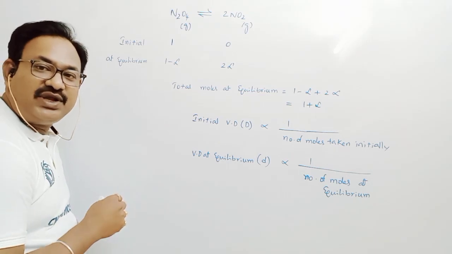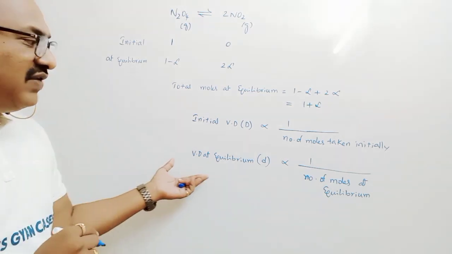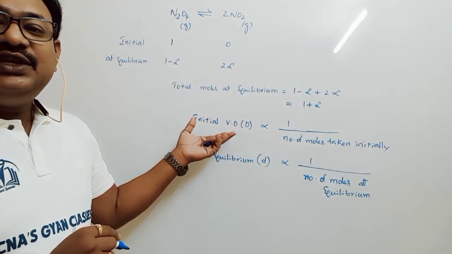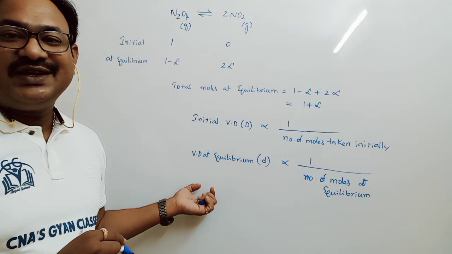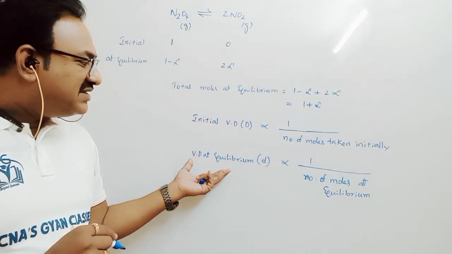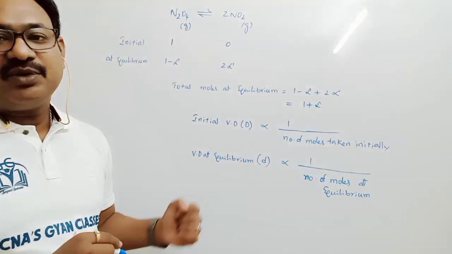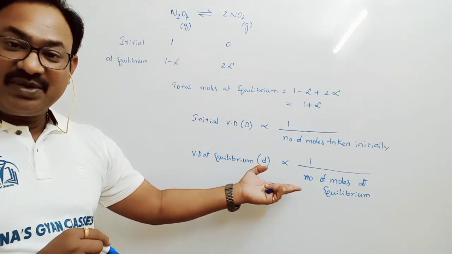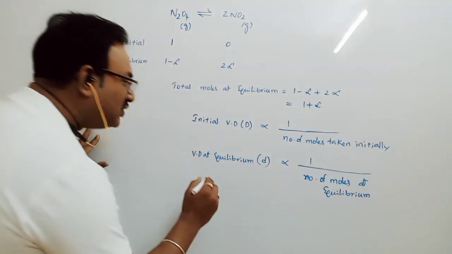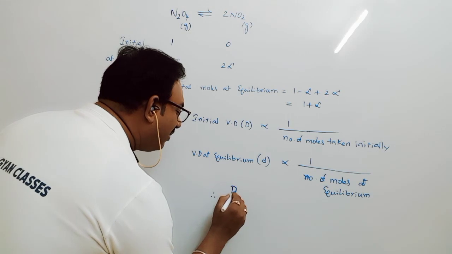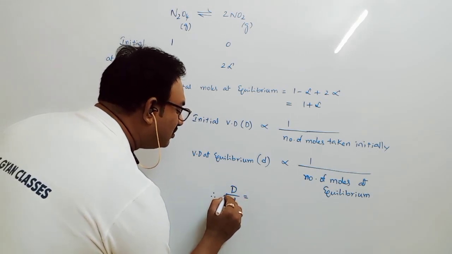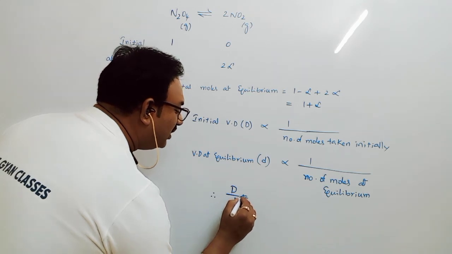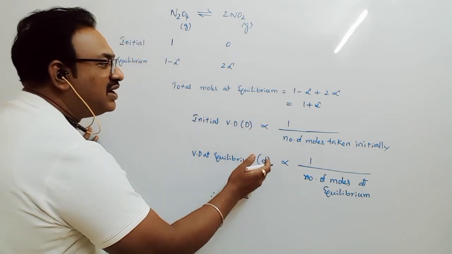So इसीलिए vapor density initially is inversely proportional to number of moles taken initially, and vapor density at equilibrium is inversely proportional to number of moles at equilibrium. So therefore, capital D by small d, इन दोनों का ratio.